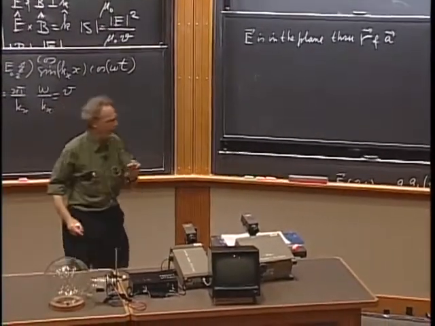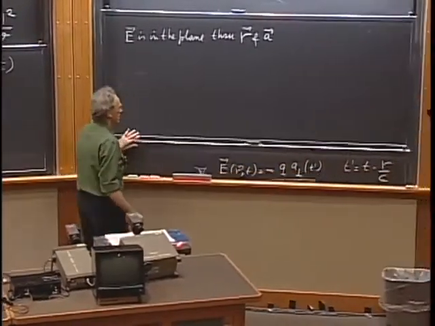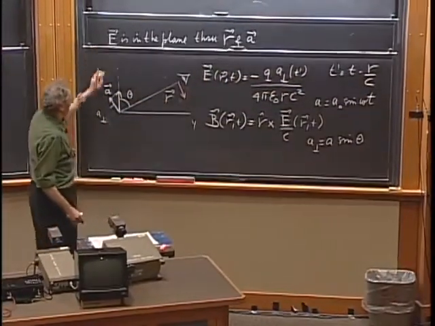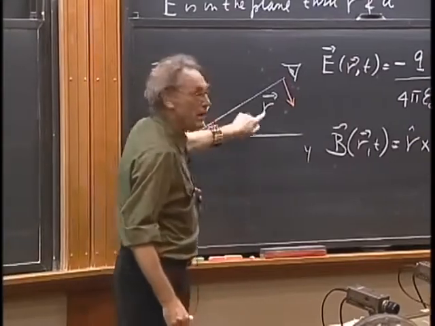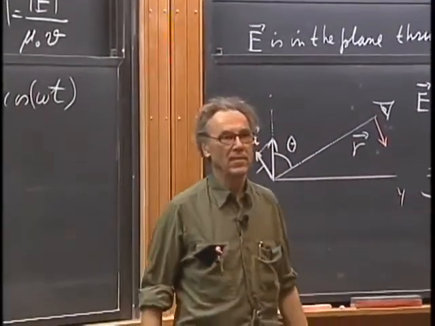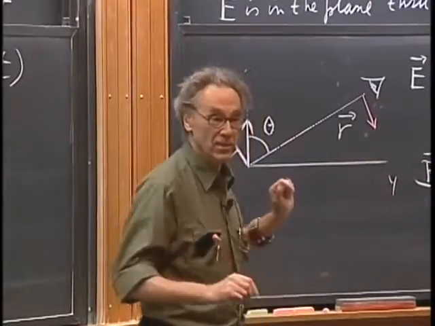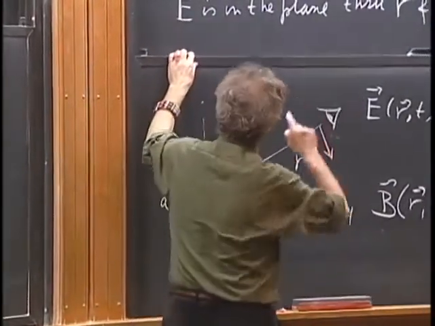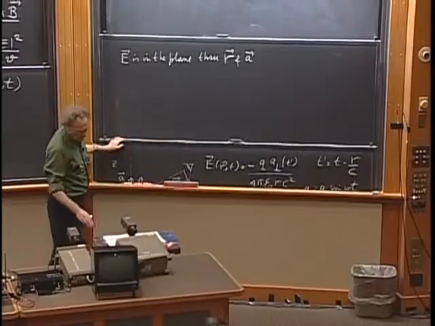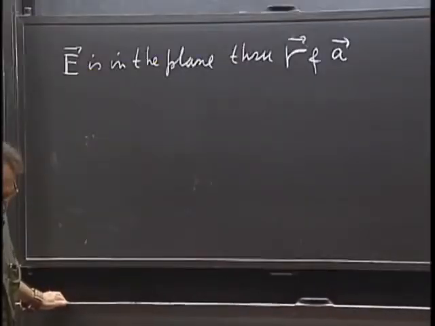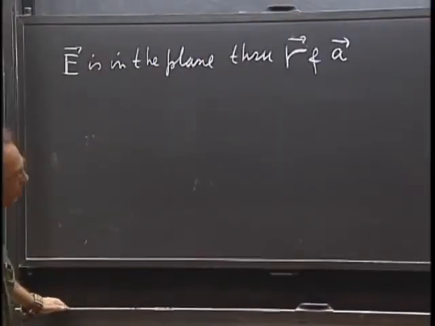It's in the plane. So look here. The plane through A and R is the blackboard. And therefore the E vector is in the blackboard in this case.